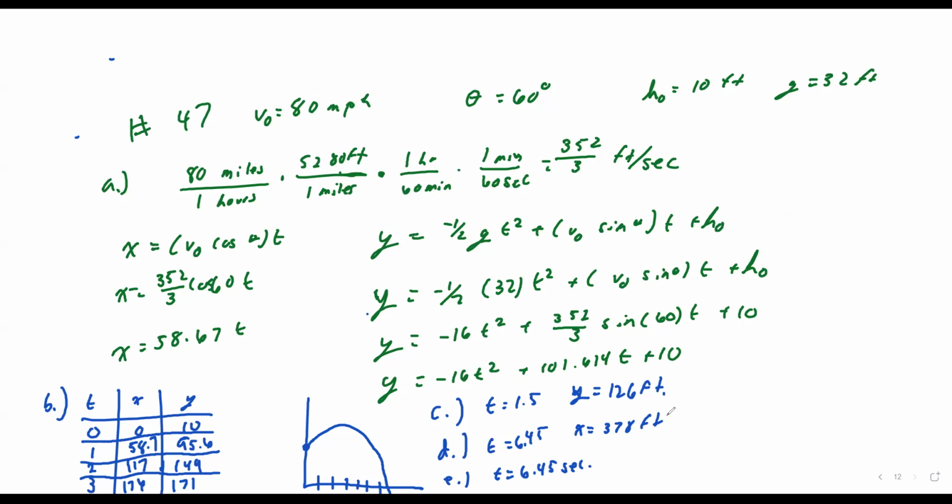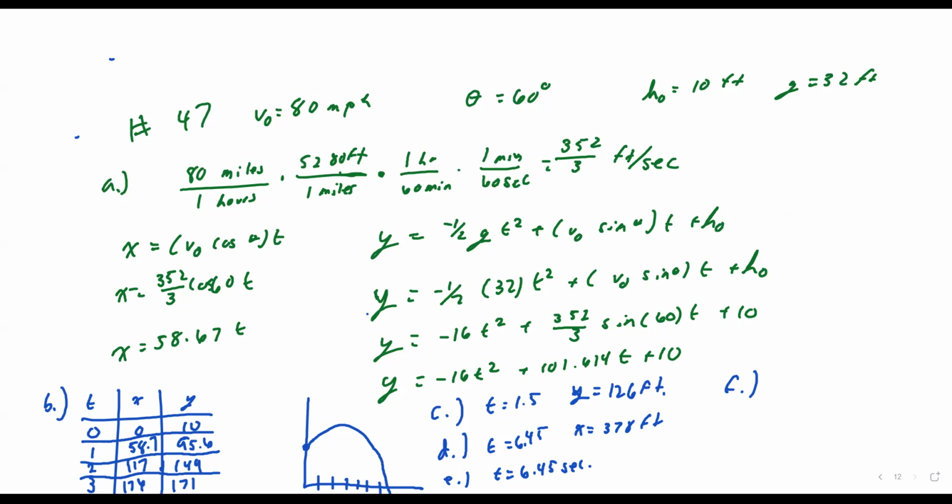And then part F says if a 12-foot high wall of flames is placed 70 feet from the cannon, why will he clear it? So you want to go to 12 feet high. So I just need to figure out where 12 feet is on the Y. That's going to be kind of hard.